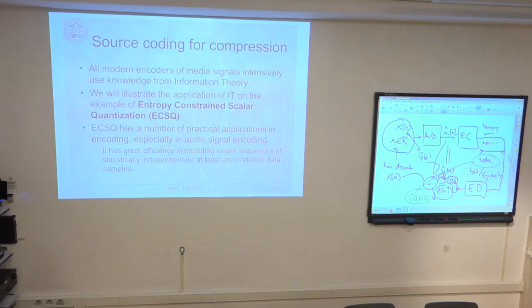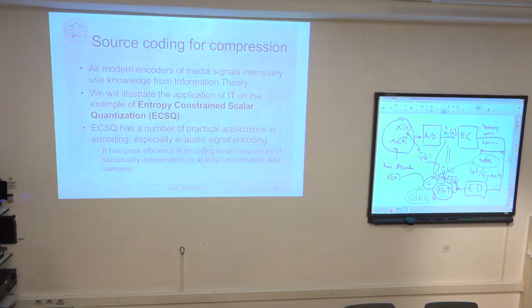And this simplest form of entropy constraint quantization is actually applied in audio signal encoding. For example, the popular standards for audio encoding are mostly based on this entropy constraint scalar quantization. Great efficiency is achieved if the sequences are longer and statistically independent, or at least uncorrelated. So usually you have some pre-processing that does this decorrelation.